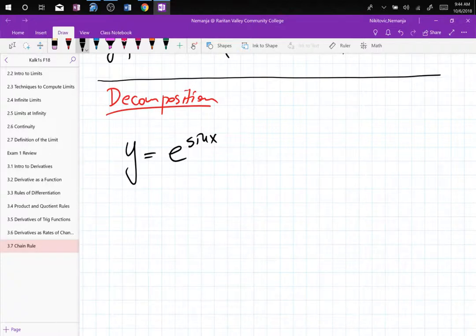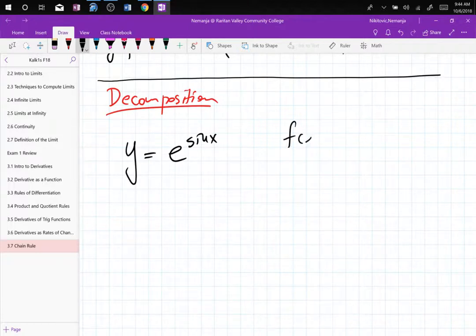So now I need to look which one is the outer function, the boss function, the backpack function, whatever you want to call it, which is f, and which one is the one that is plugged in, the contents of the backpack. So now when you're looking at this, which function would you say is the main function, which one is plugged in? E would be the main function, sin x would be plugged in. Yes.